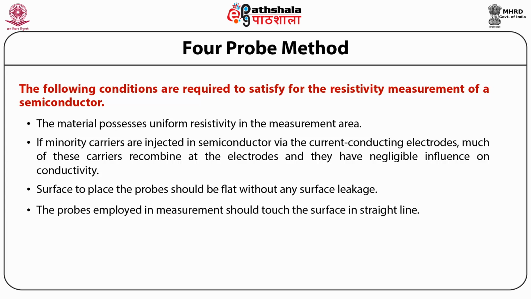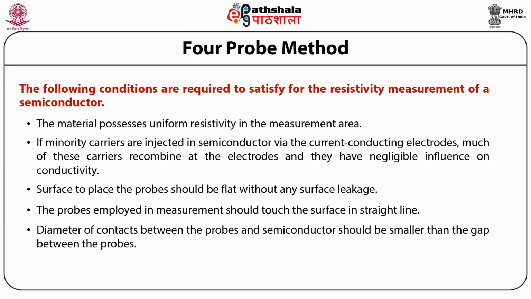Fourth, the probes employed in measurement should touch the surface in a straight line. Fifth, the diameters of contacts between the probes and the semiconductor should be smaller than the gap between the probes. And lastly, the material surface can be either conducting or non-conducting.